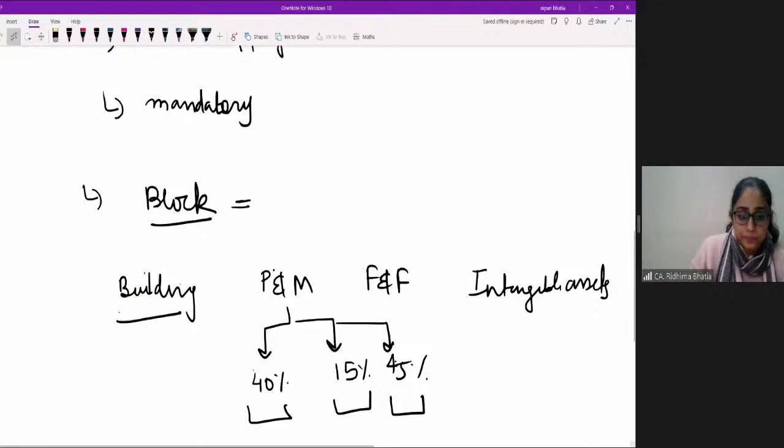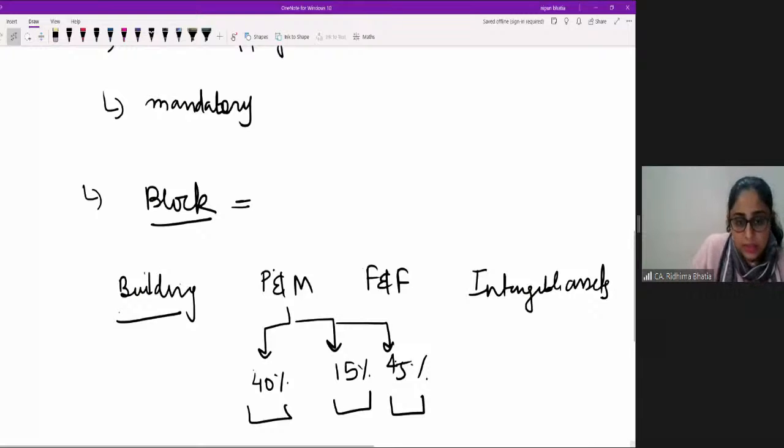Number two, if the asset is acquired, please listen carefully, if the asset is acquired and put to use in that year for less than 180 days. I said asset is acquired and put to use in that year for less than 180 days.